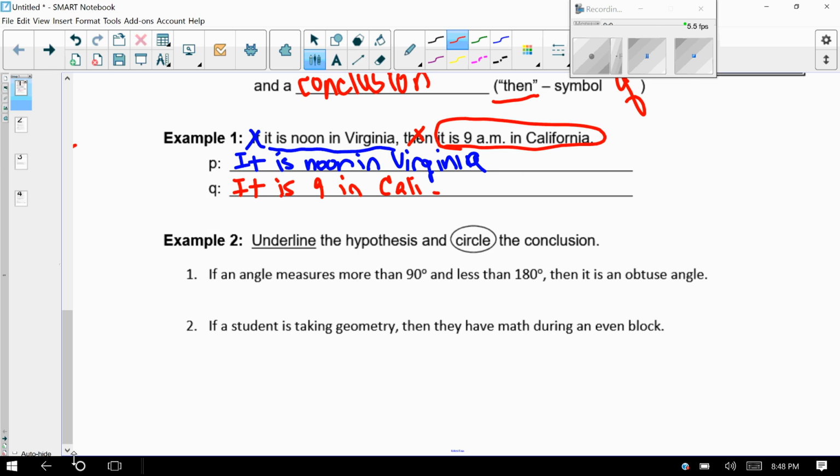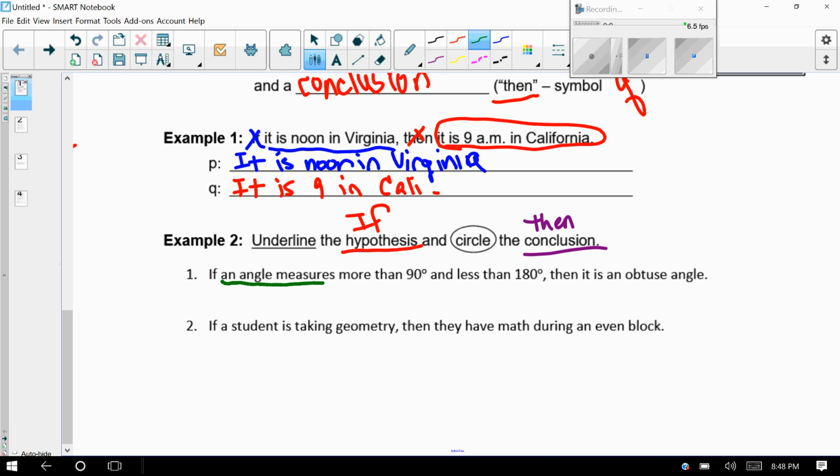All right. So we're going to do the same thing. Underline the hypothesis and circle the conclusion. So remember, the hypothesis is after the if, and my conclusion is after the then. So after the if is my hypothesis. Don't underline the if.